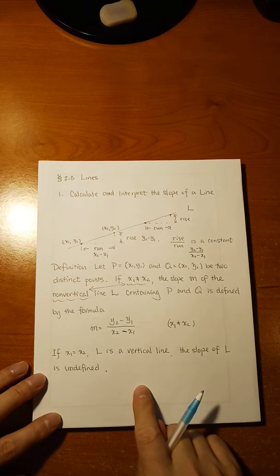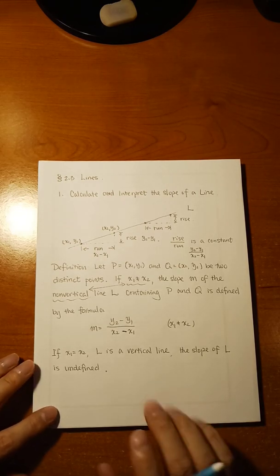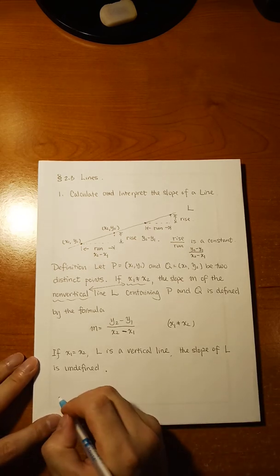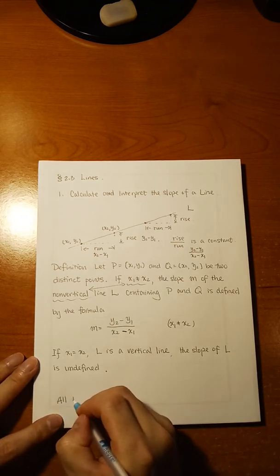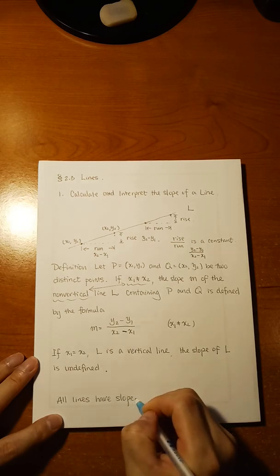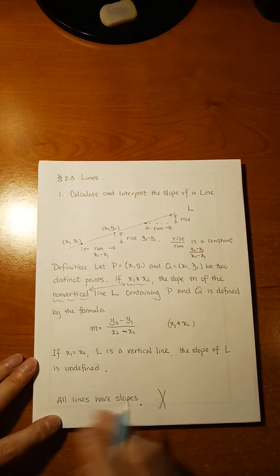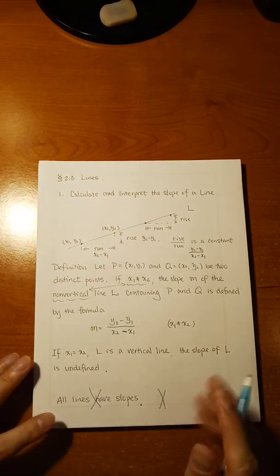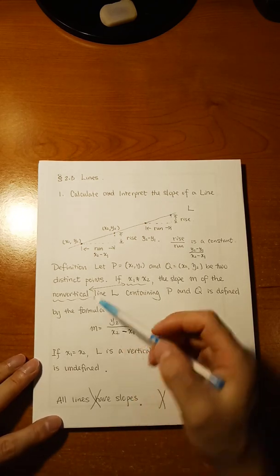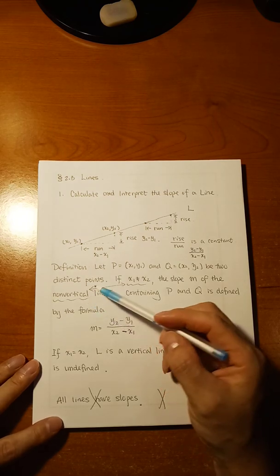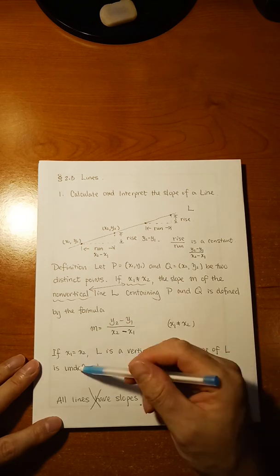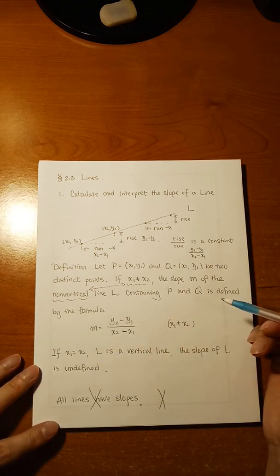So if someone says all lines have slope, that statement is incorrect. You can only say all non-vertical lines have slope. Vertical lines have no slope. Undefined means the slope does not exist.